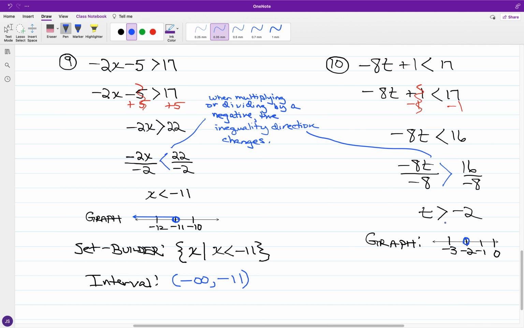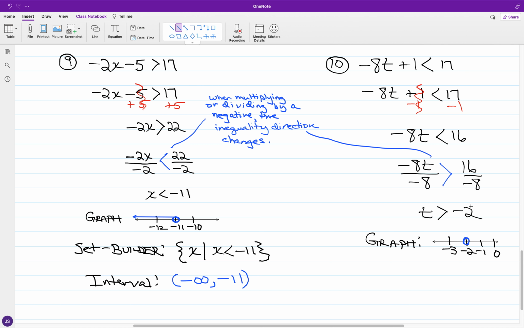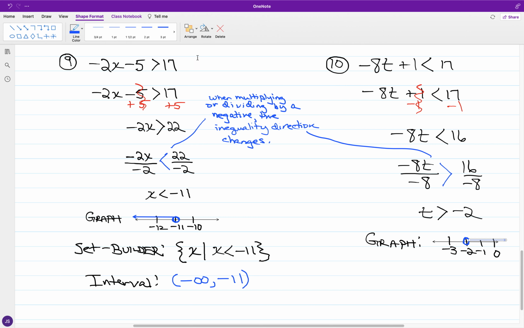Okay, so t is greater than negative 2, so I have an open circle on negative 2. Everything else is going to be greater than, so we have a graph array that will be going continuously out to the right.